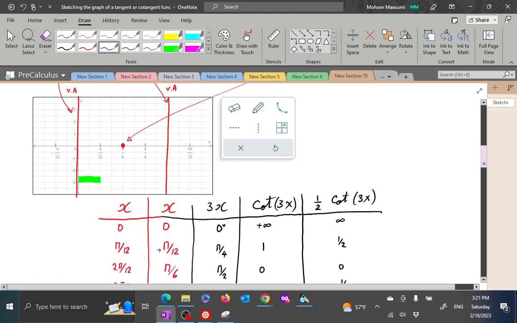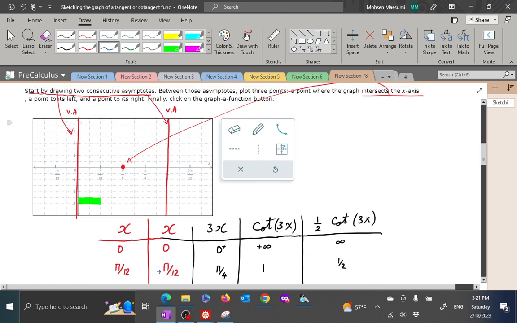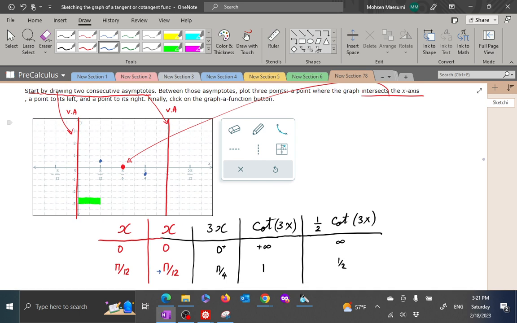At these 2 points, the value of the function is going to be half or minus half. So a point to the left, that's what it means, and a point to the right, that is to the right of that midpoint.